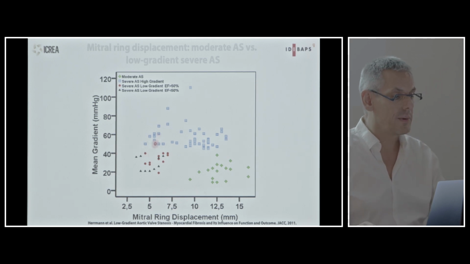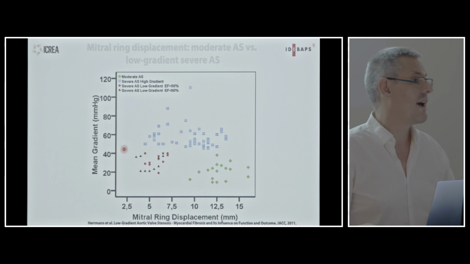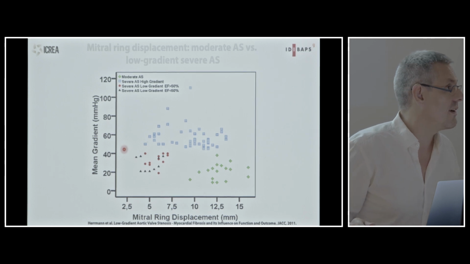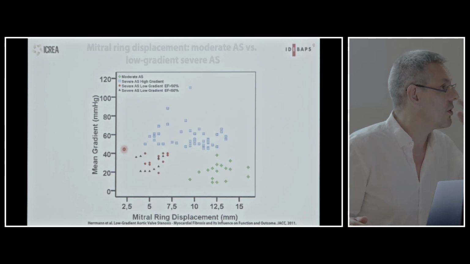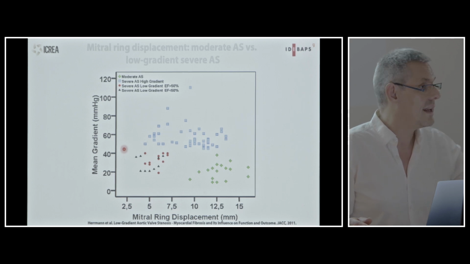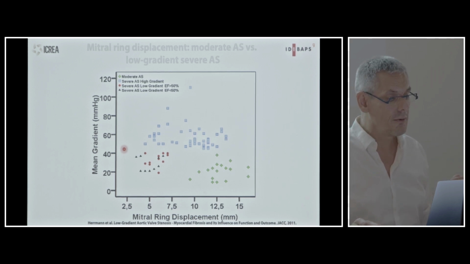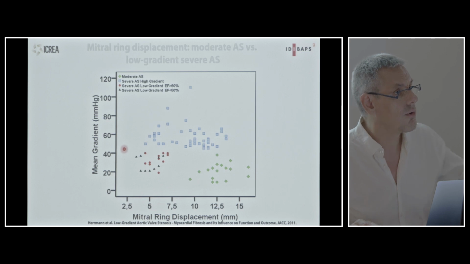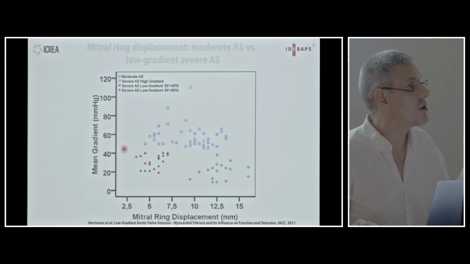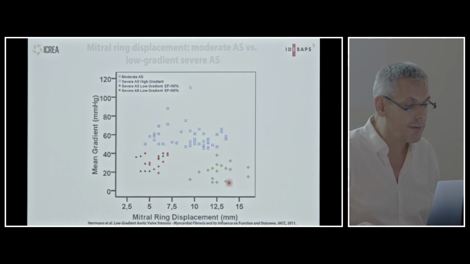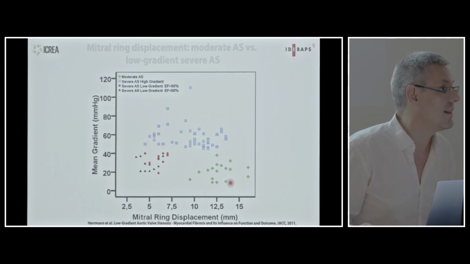So for example, if we have a low gradient and we suspect a severe aortic stenosis, but you have a low gradient, okay, what's going on? Is this a low gradient, reduced stroke volume, low volume aortic stenosis or not? Well, your longitudinal function or your ring displacement actually will tell you.